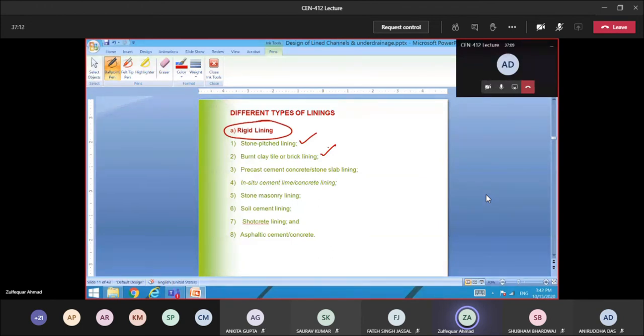Earlier there was only one canal, but I think you might have seen the two canals joining at Roorkee. Have you seen the two canals which are joining at Roorkee? Yes, sir. Okay.